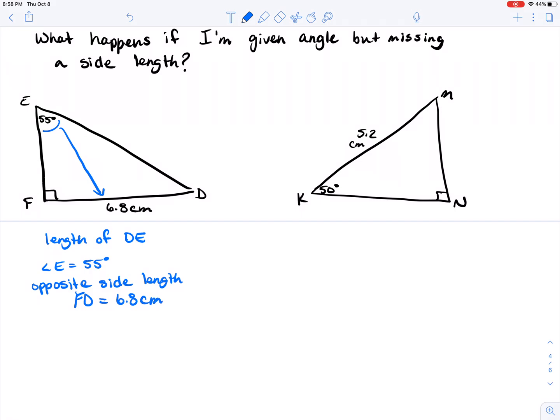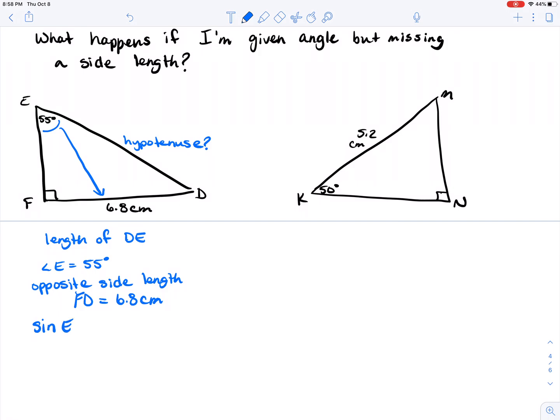Do I have a trigonometric ratio that uses opposite and hypotenuse? Because this is what I'm trying to find. I'm trying to find the hypotenuse. And yes, I do. Opposite over hypotenuse is the sine ratio.